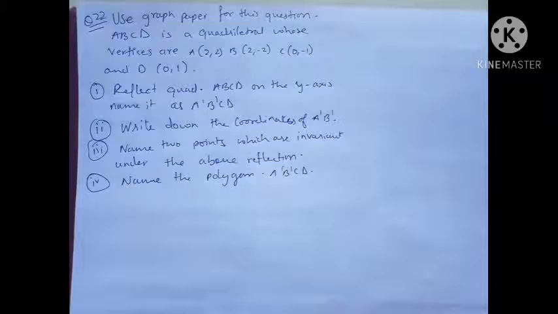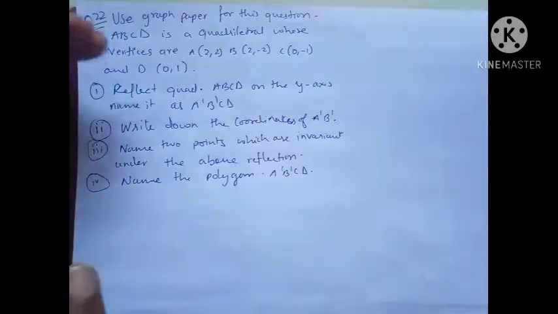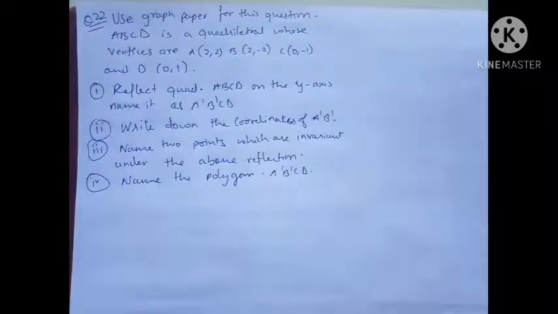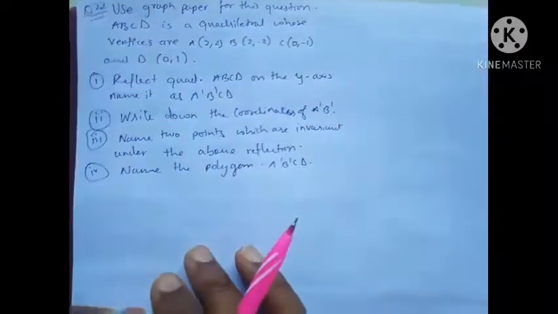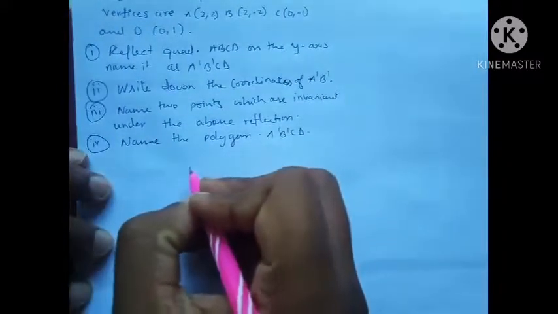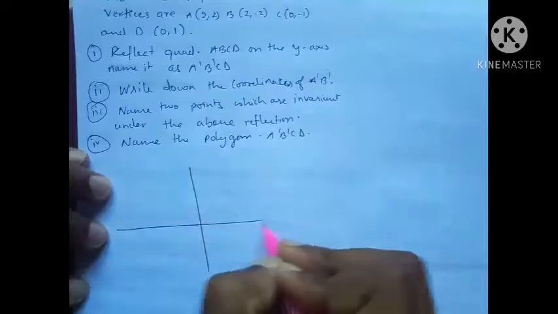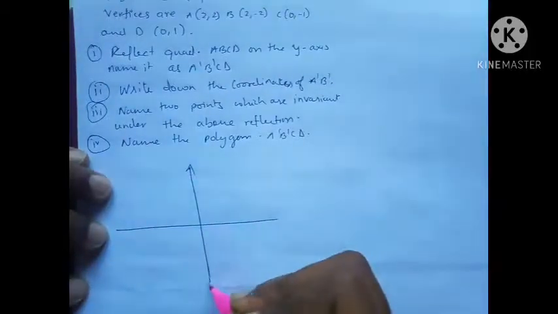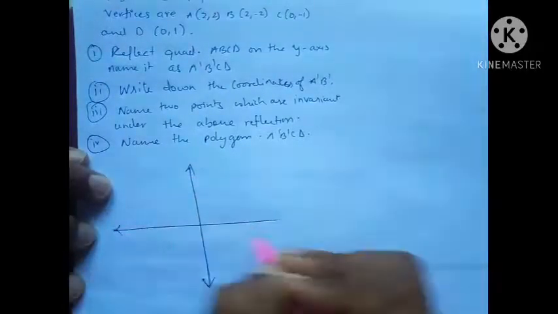ABCD is a quadrilateral whose vertices are A (2, 2), B (2, -2), C (0, -1), and D (0, 1). Before going to the points that I have to find, I'll first draw a graph with the x-axis and y-axis, and then we'll look at the question. I'm sorry for not drawing a straight line.